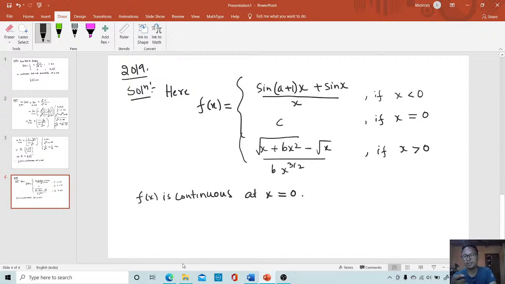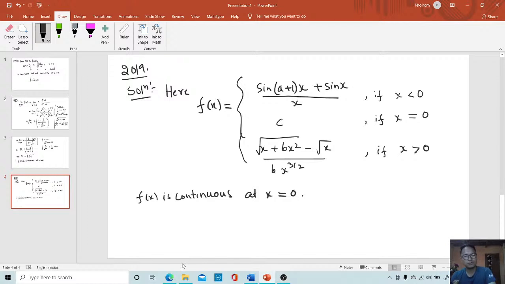A, b, c are three unknowns. In mathematics you have to remember, for three unknowns we require three equations. For two unknowns, we require two equations, right?